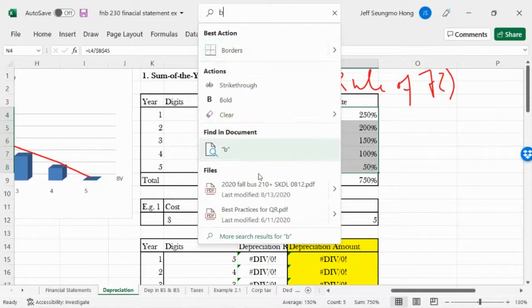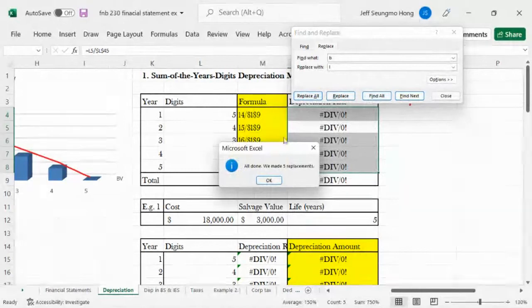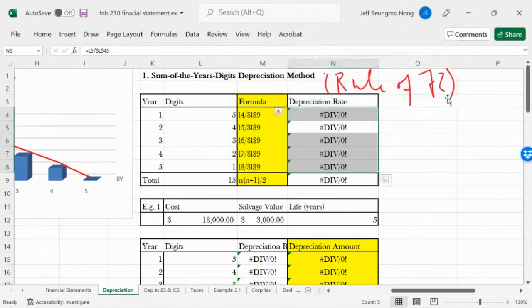B must all be L. L4. Oh no, 45. It's not 45, but 9.